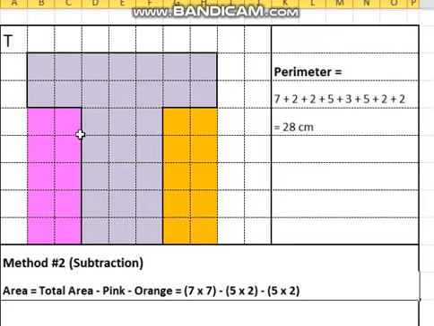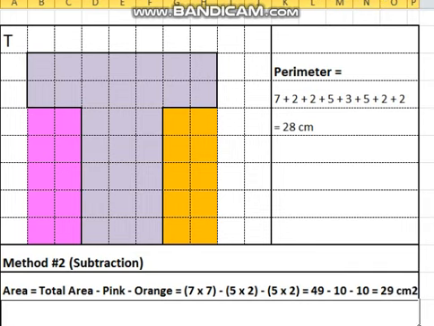Now let's do this calculation. 7 times 7 is 49, minus 5 times 2 is 10, and then we minus again another 10, because it is 5 times 2 here. So 49 minus 10 minus 10 is equal to 29 square centimeter.